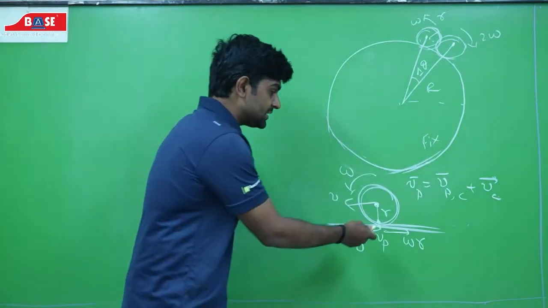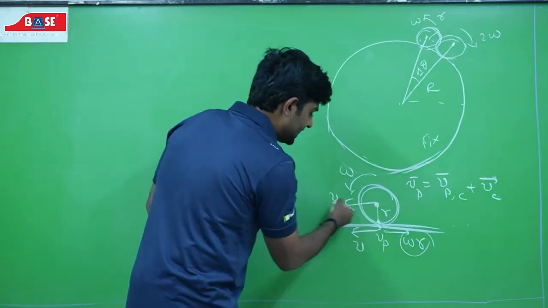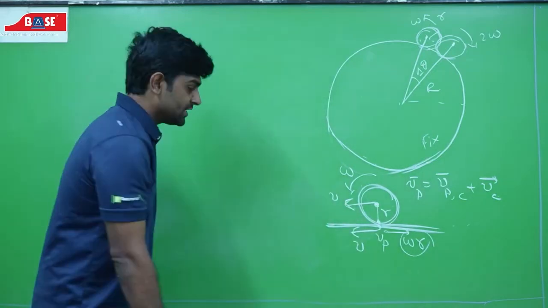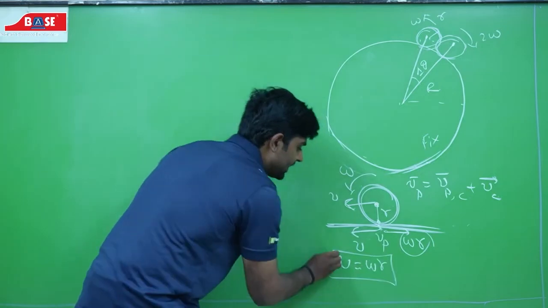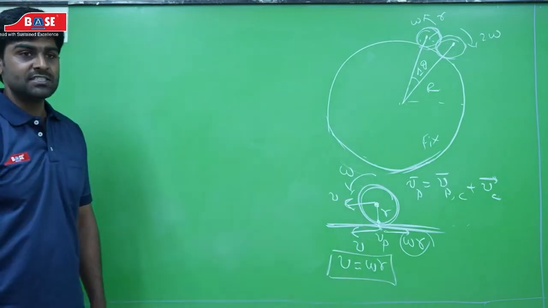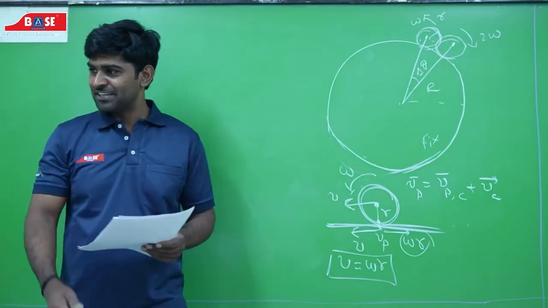So velocity with respect to the center would be omega r because of rotation. Because of translation, you have velocity v. So if the bottommost point is at rest, then v should be equal to omega r. Got it? I think you are familiar with this idea.